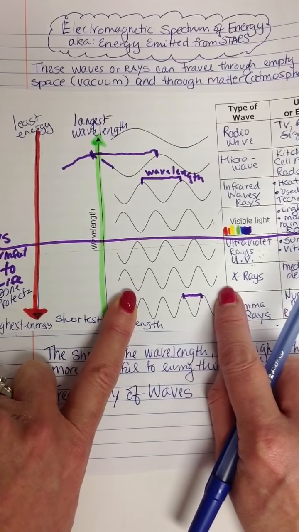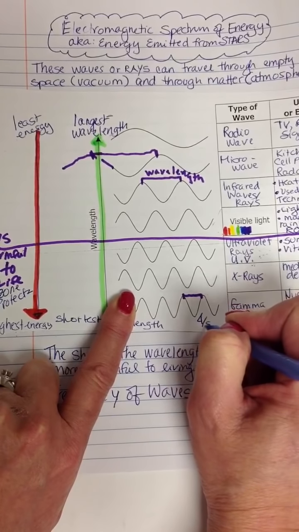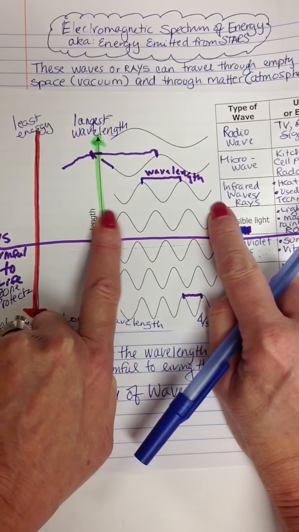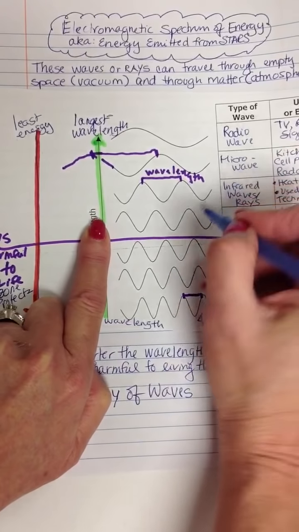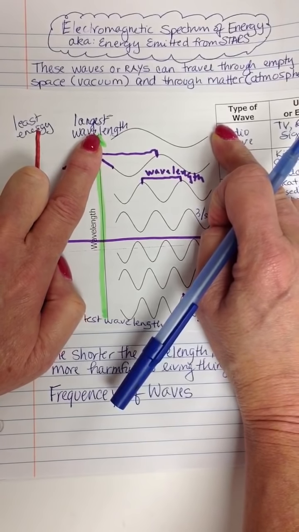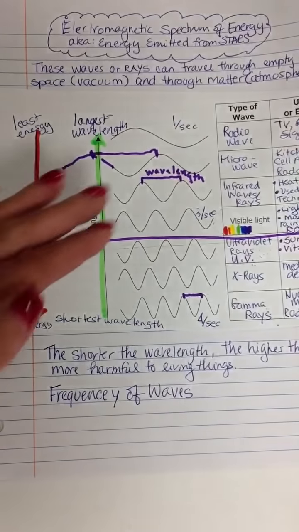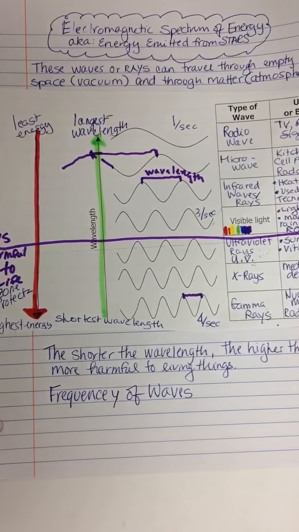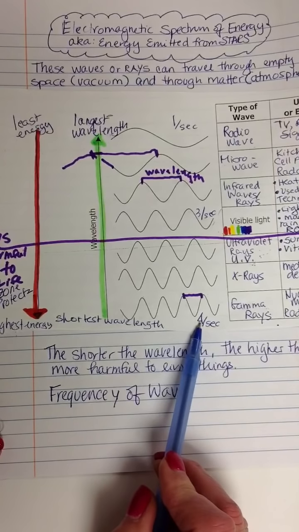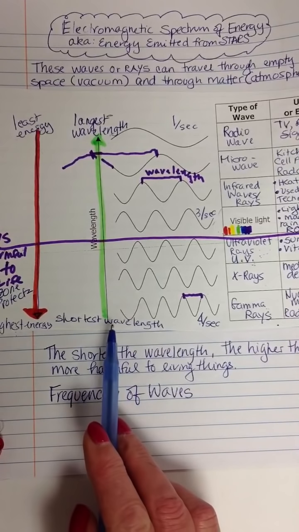So we had 4 waves per second. But if you go up here, we only have 1, 2, 3 per second. Whereas up here, we have about 1 per second. So you can see there's a difference in how many waves per second. And obviously, the shorter the wave, the more you're going to get in a second. So the frequency of a wave also corresponds to the wavelength.